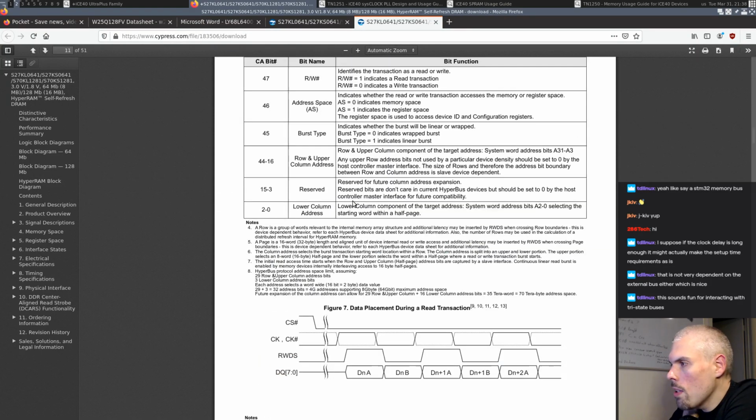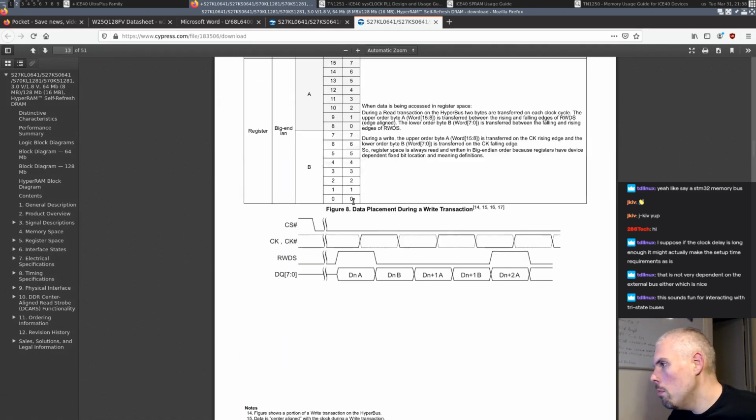So the first issue is that HyperRAM is double data rate. So we need to capture data both on the rising and the falling edge. So we can't use that kind of trick to shift our capture window around, because we already need to use both edges.